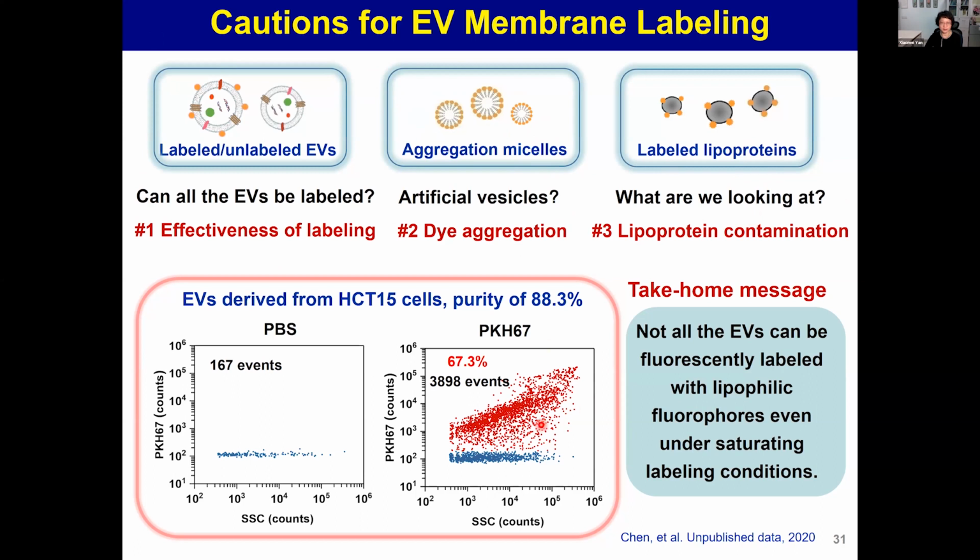From this dot plot, for an EV sample with a purity of around 88%, at the saturating concentration of PKH67 the labeling ratio was only 67%, which means not all the EVs can be fluorescently labeled with lipophilic fluorophores, even under saturating labeling conditions.